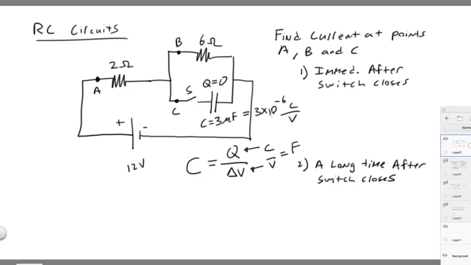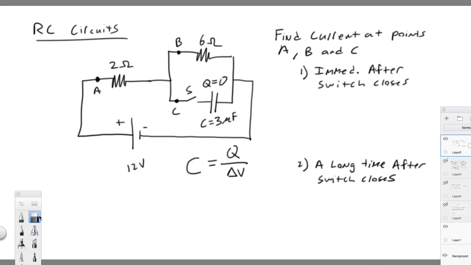All right, so if this capacitor is initially uncharged, what would be the voltage across it? Well, if the charge is 0, how many volts are going to be across that capacitor?